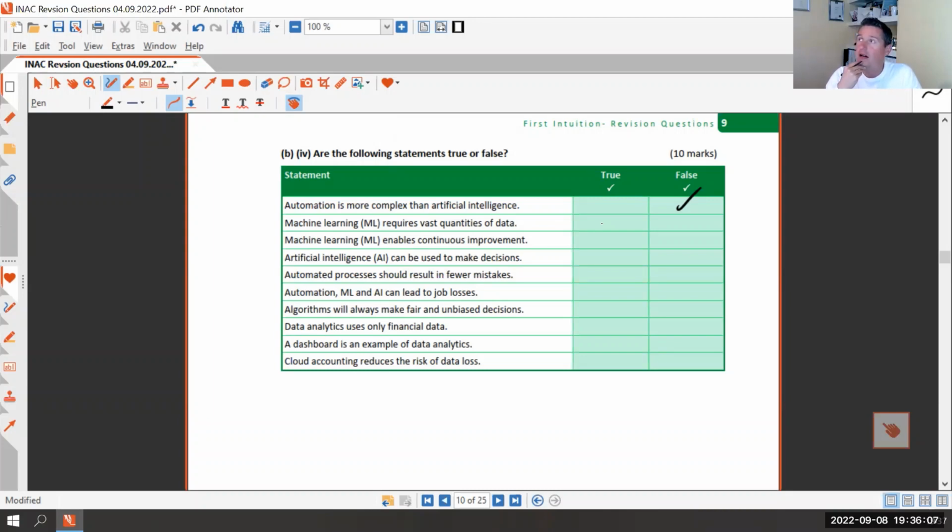Well, let's put it this way. Is machine learning better with lots of data or less data? Yeah, definitely more. The more data that runs through machine learning, the better.